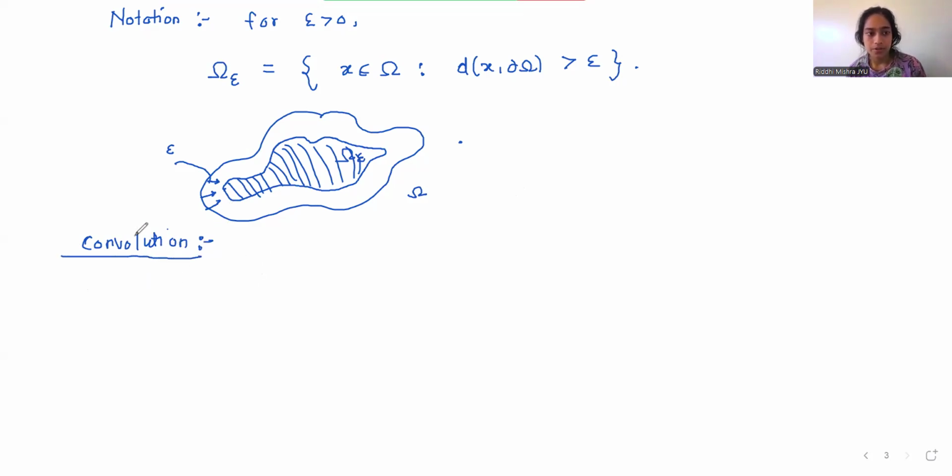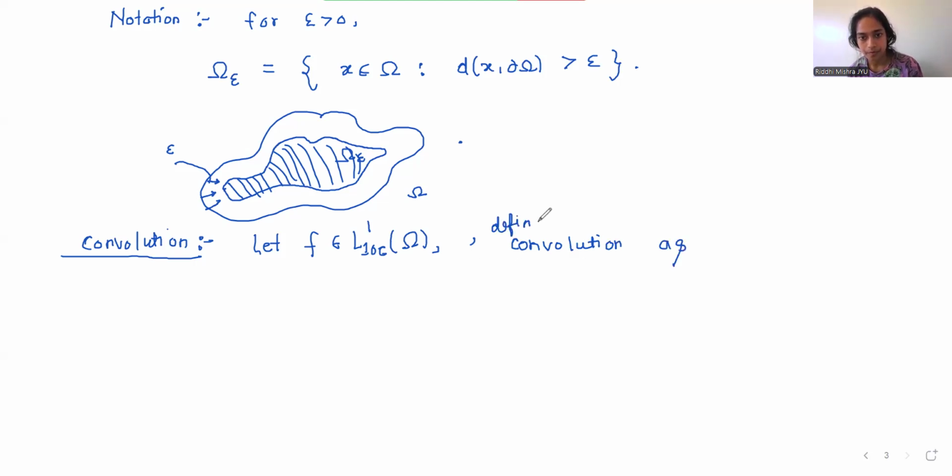Convolution can be defined for a locally integrable function, so it's a very general concept. Let f be any locally integrable function defined on omega. Then we define the convolution f star phi epsilon.